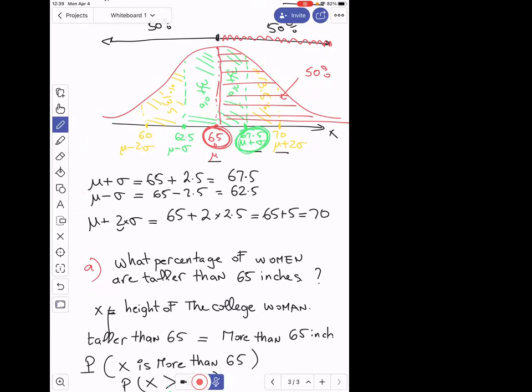So what will be the percentage or the area to the right of this 67.5? So the area to the right of the 67.5 would be this one, right? The green one.